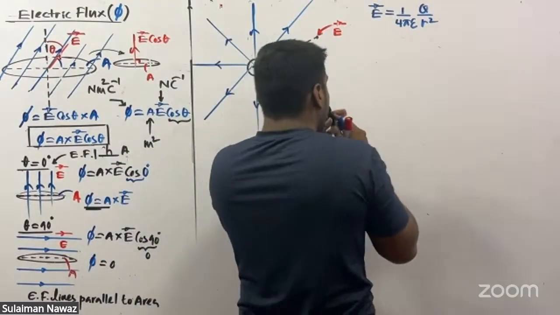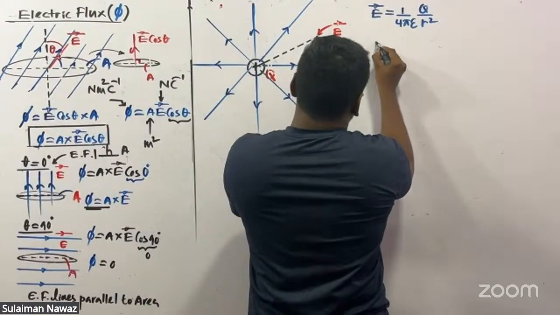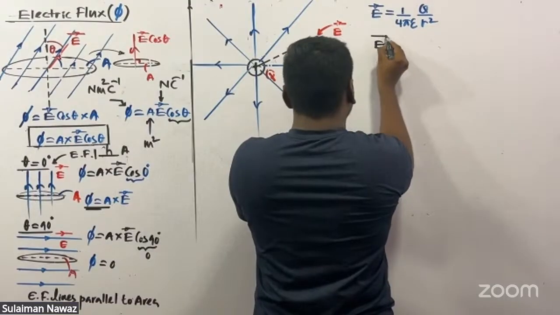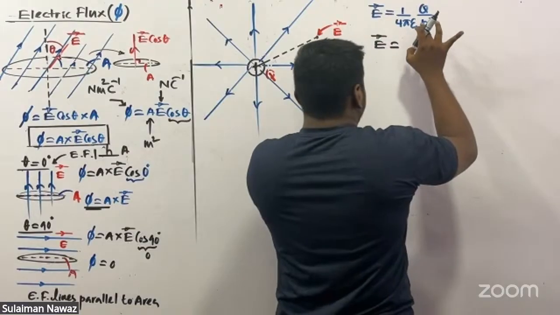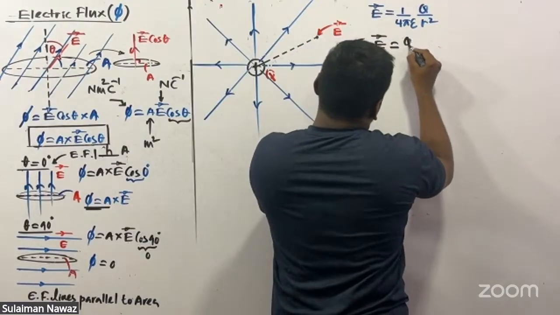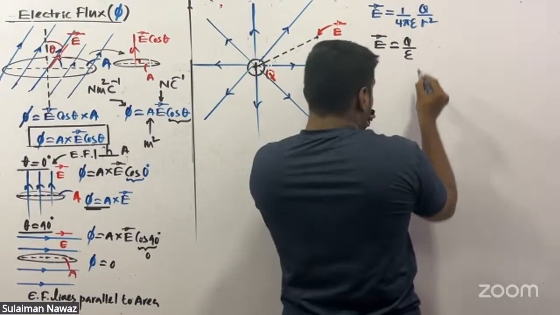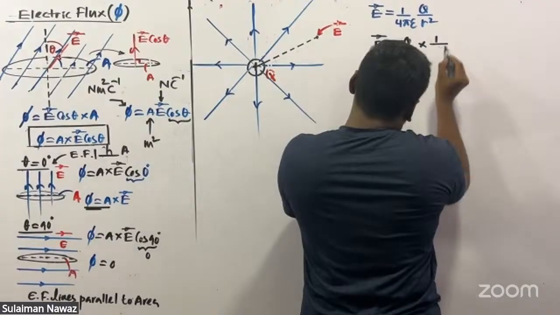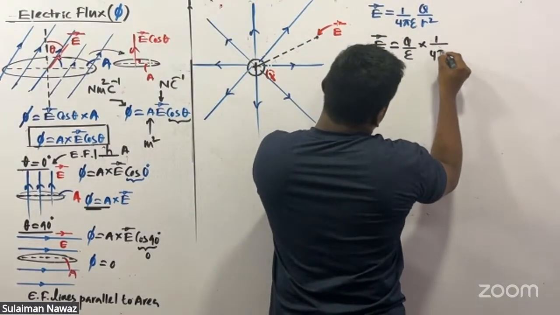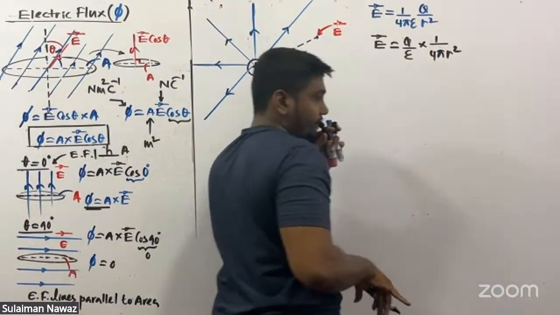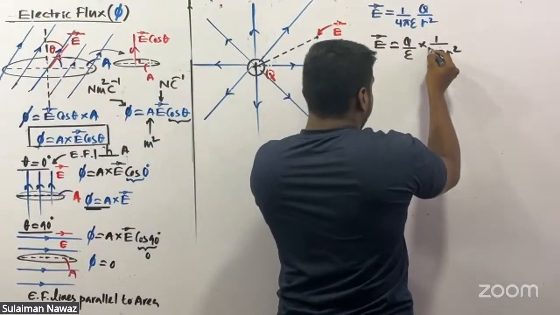What I'm going to do is make a small alteration in this equation. Intensity equals capital Q over epsilon, I take this epsilon out, times 1 over 4 pi r squared. It's the same equation.